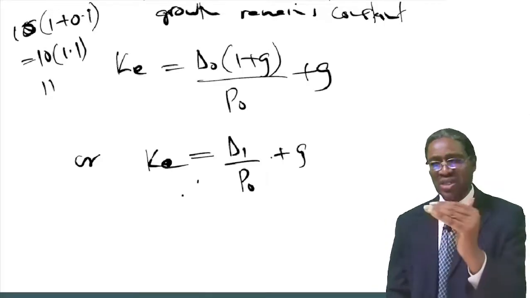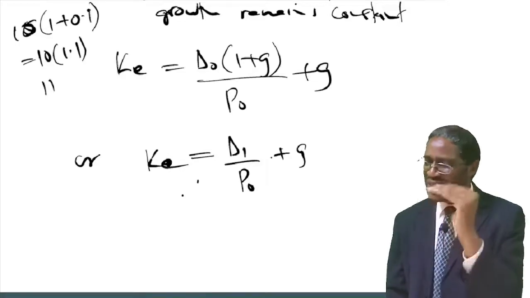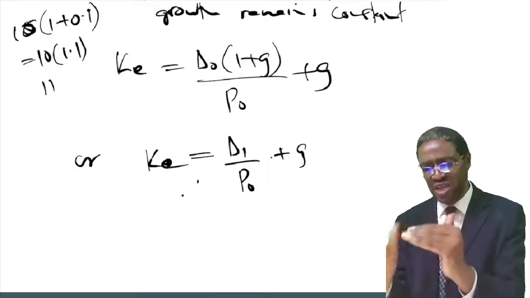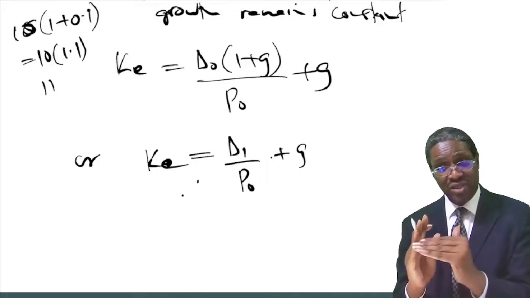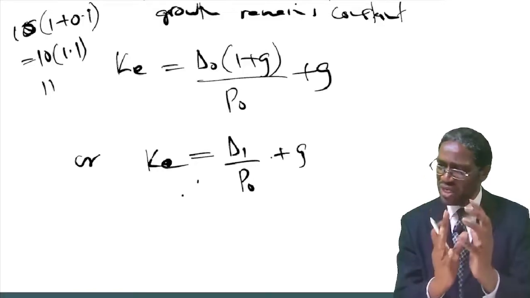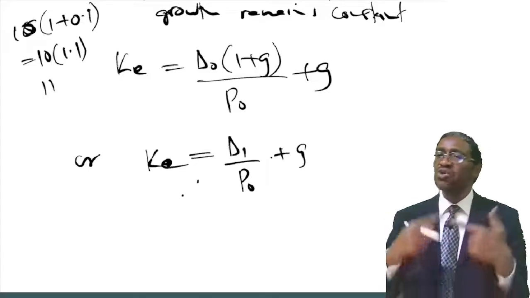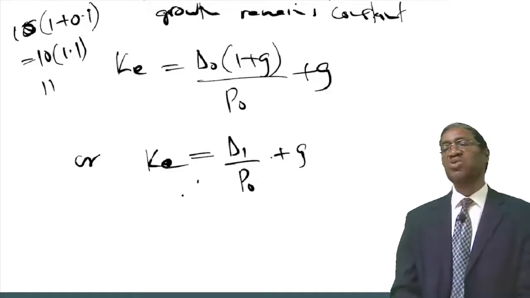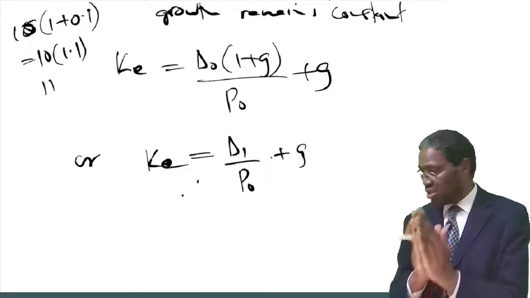I have said the numerator represents whatever is the expected dividend. What are we expecting as dividend at the end of the year? That is the numerator. But how to get that numerator will depend on the information given to you by the examiner. If he gives you the actual expected dividend, that becomes D1.